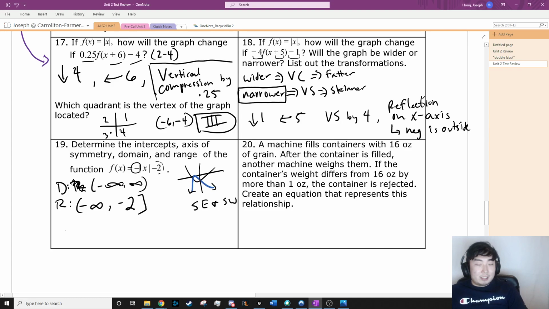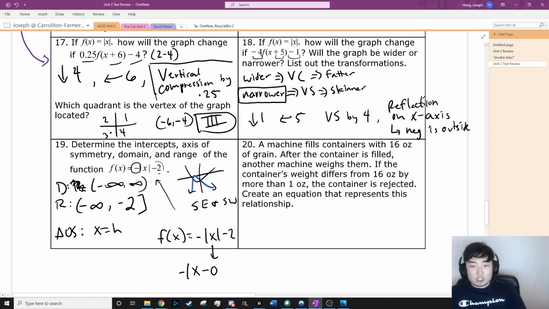My axis of symmetry, or my AOS, that's x equals h. In this question right here, which I'll rewrite because I defiled it, negative absolute value of x minus 2, I really can turn this into negative 1 times absolute value of x minus 0 minus 2.